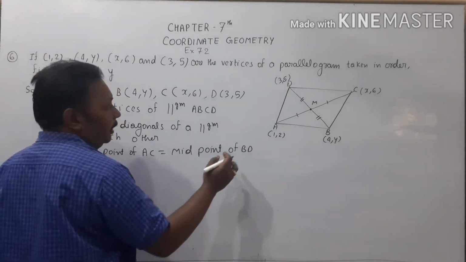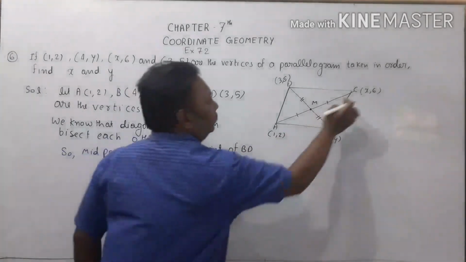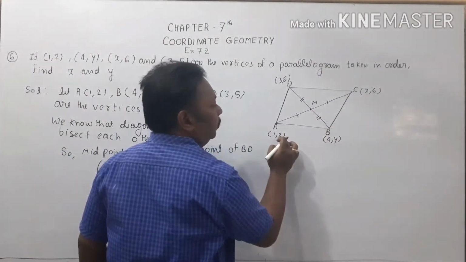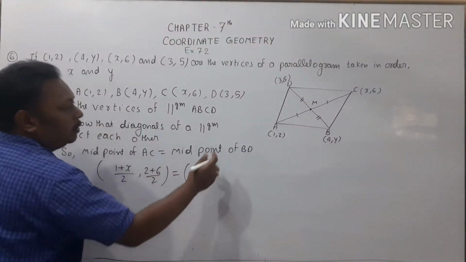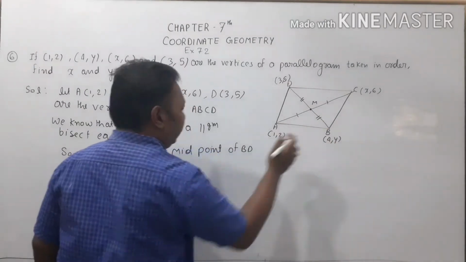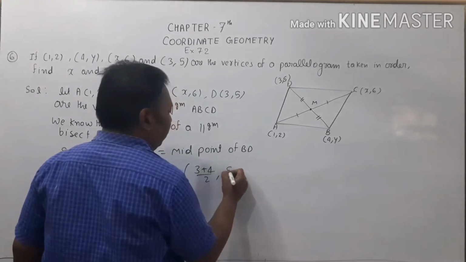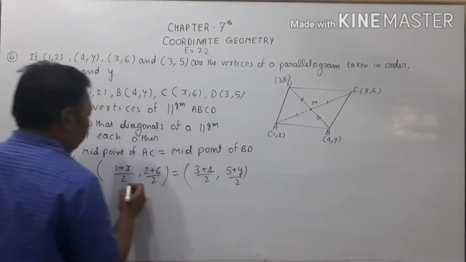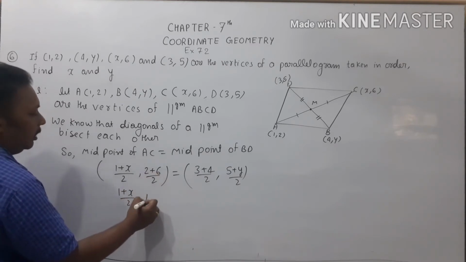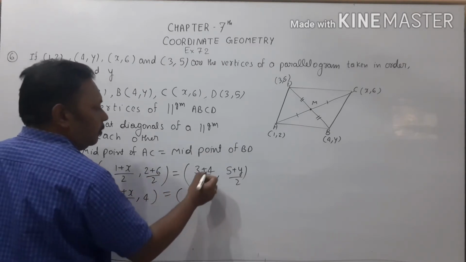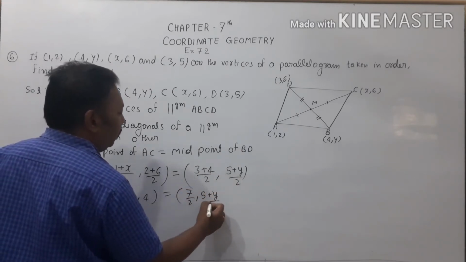Write down the midpoint of AC: 1 plus x upon 2, x1 plus x2 upon 2, 2 plus 6 upon 2, equal to midpoint of BD: 3 plus 4 upon 2, 5 plus y upon 2. So this is 1 plus x upon 2, 6 plus 2 is 8, 4; 4 plus 3 is 7 upon 2, 5 plus y upon 2.